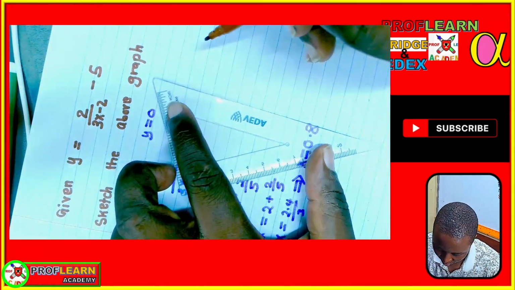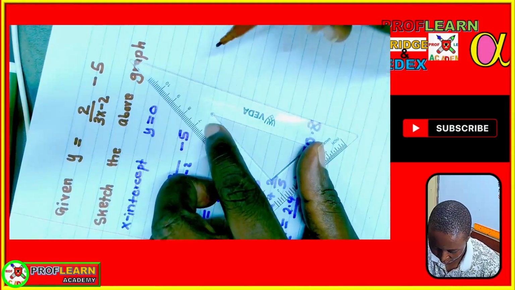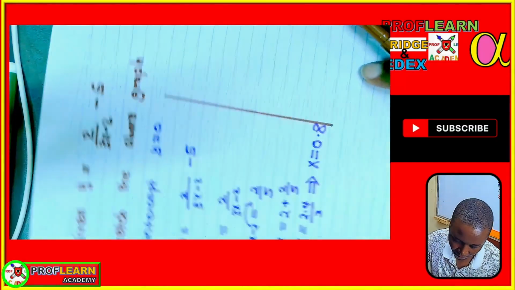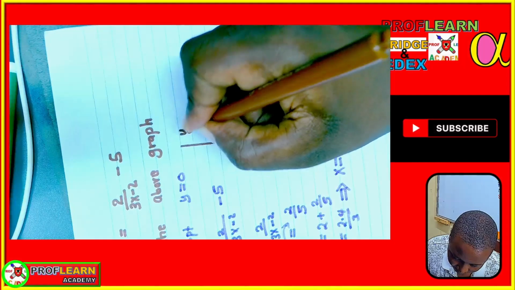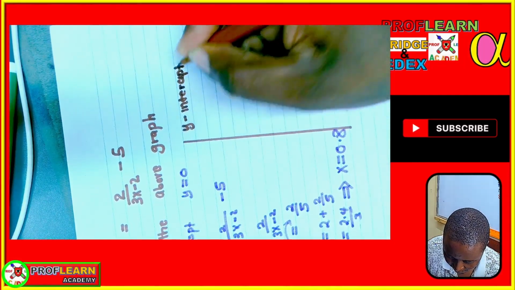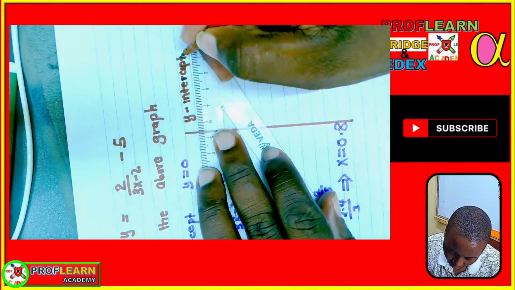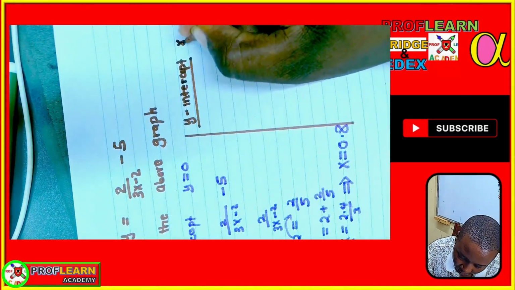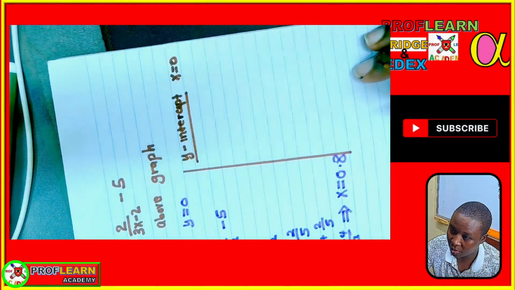Now with this 0.8 we have, we're going to use it as the x-intercept. So we're also going to find what our y-intercept is in this case. At the y-intercept we always know that x is going to be equals to 0.